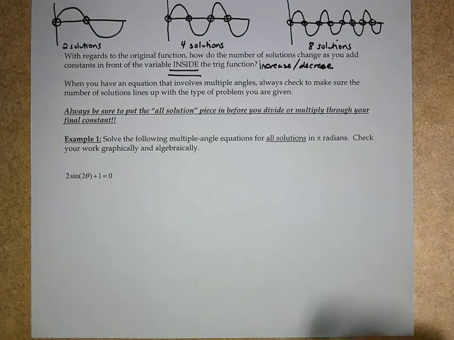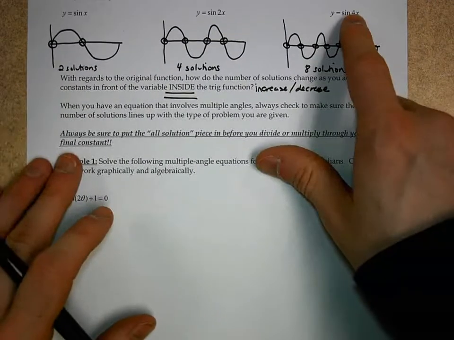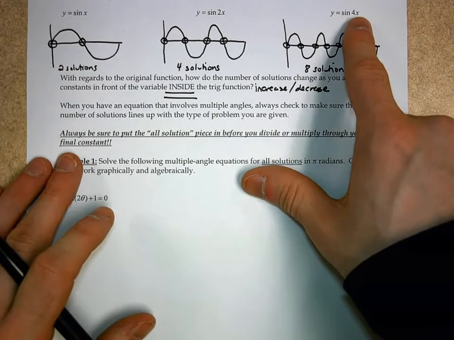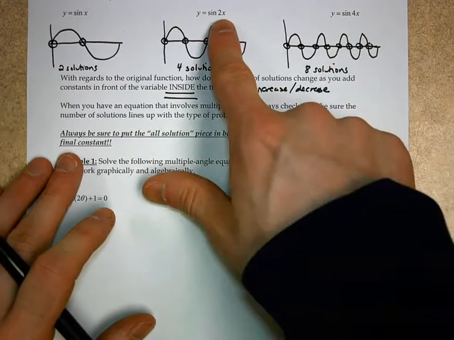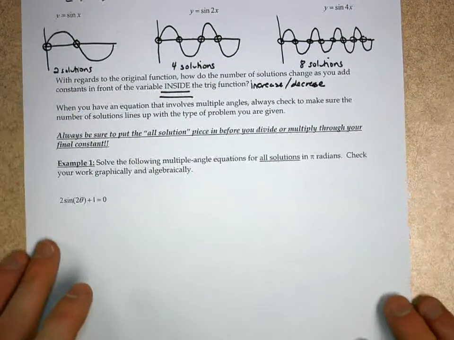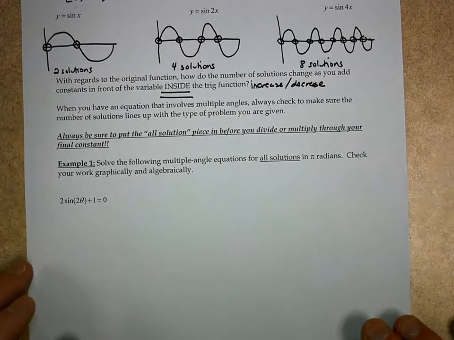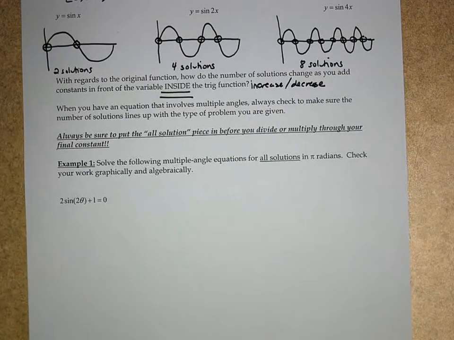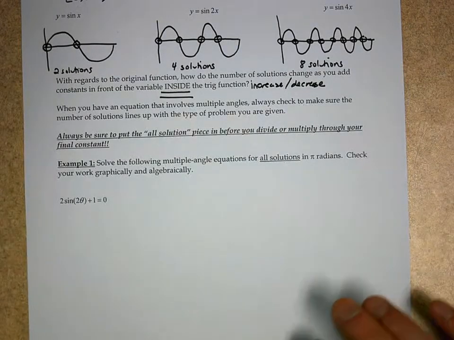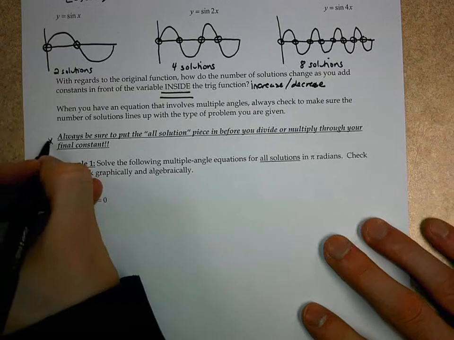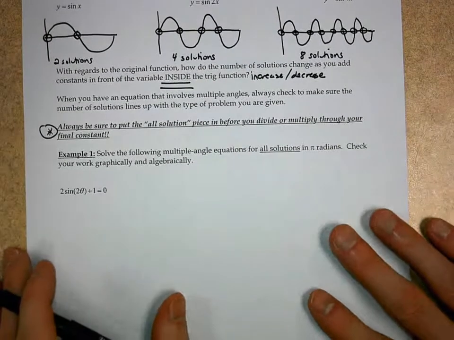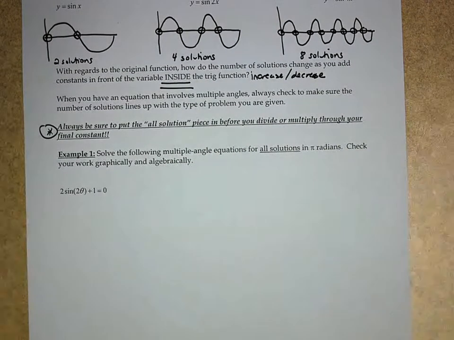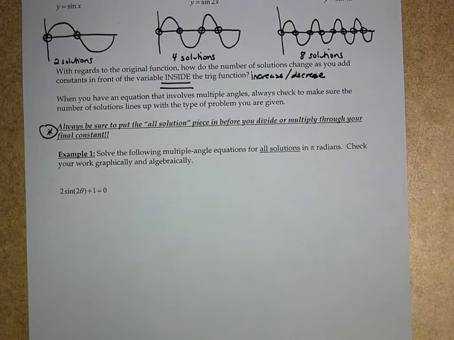We are going to divide through or multiply through by whatever is inside the sine or cosine, whatever is attached to that x. We're going to multiply or divide through that as my very last step. But that's going to be after you put in the all solutions piece, after you put in the plus 2 pi n.